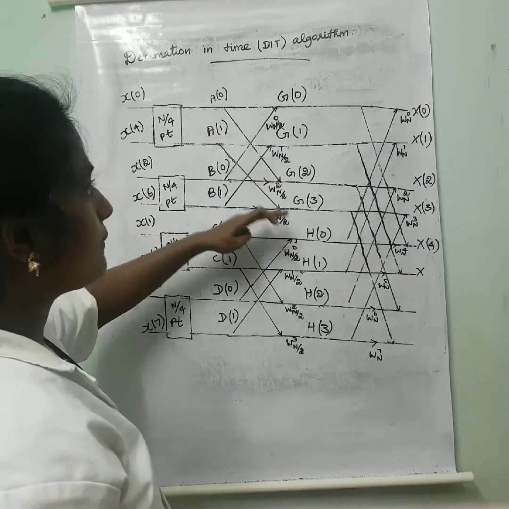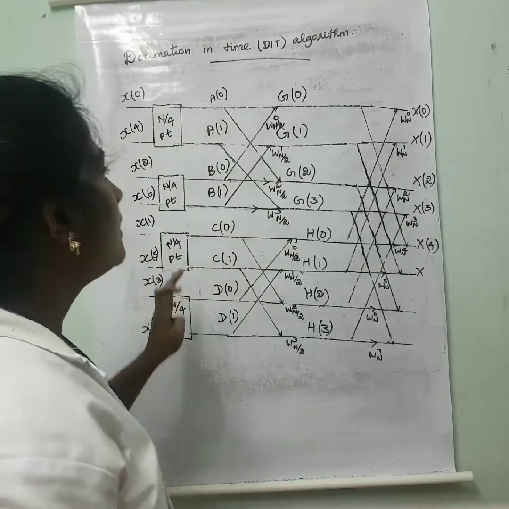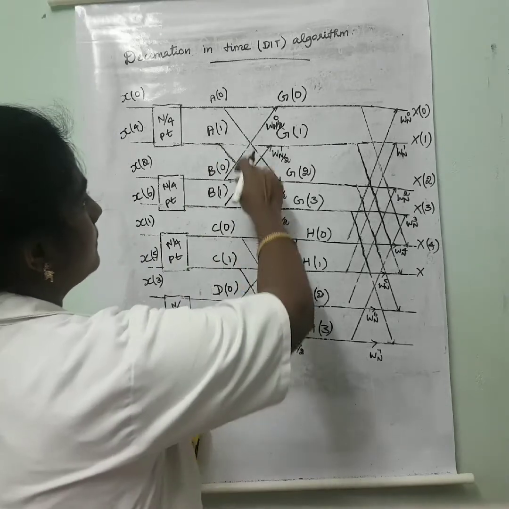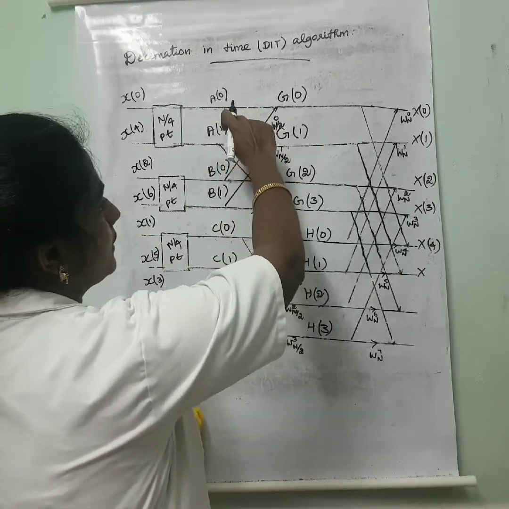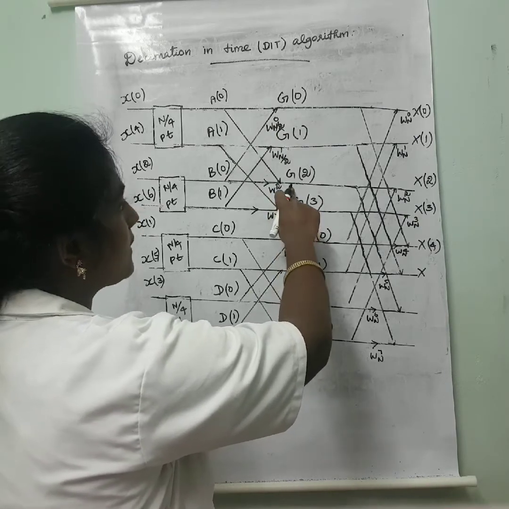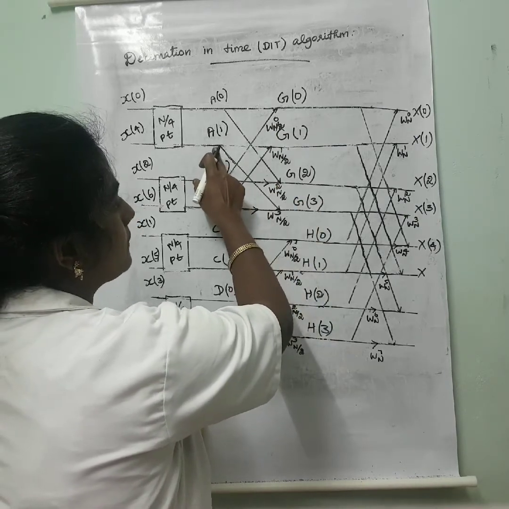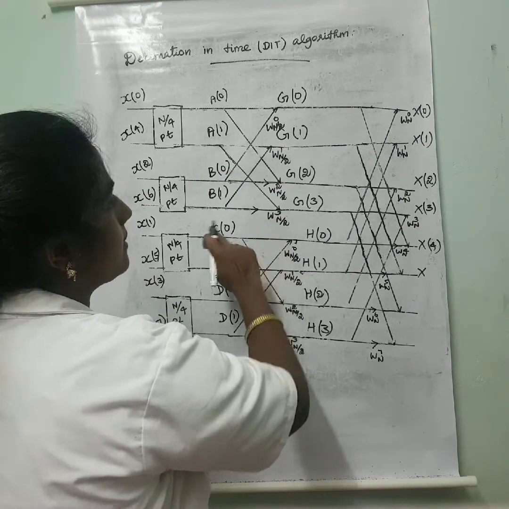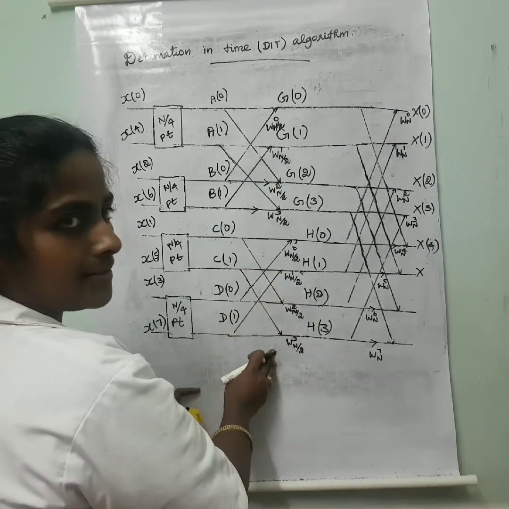Now we are splitting, first we are splitting into 2 to 2. Next we are splitting into 4, 4. So the first part of the first line goes to the second part of the first line. Similarly, first part of the second line goes to the second part of the second line. Similarly, here also the same.